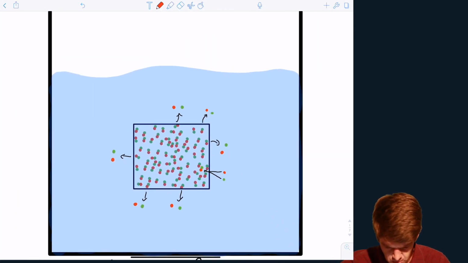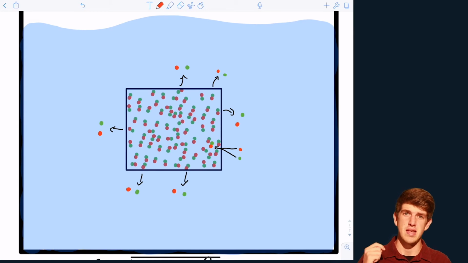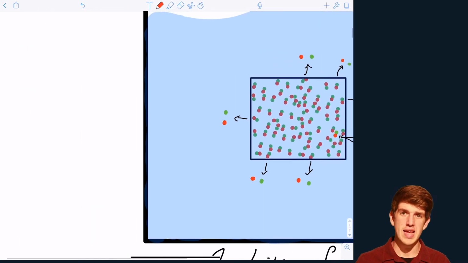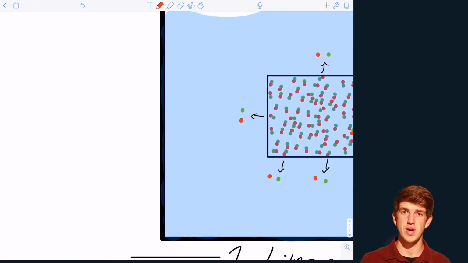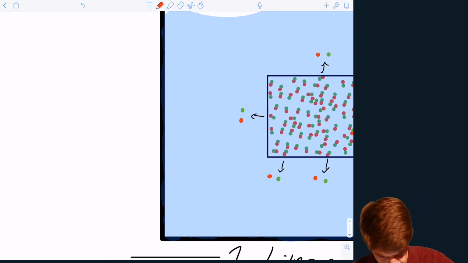What's interesting is that at this equilibrium point, I have the maximum number of Na+ and Cl- ions in solution. And I can take the concentration of the Na+ and Cl- ions at equilibrium and use that to find the Ksp.